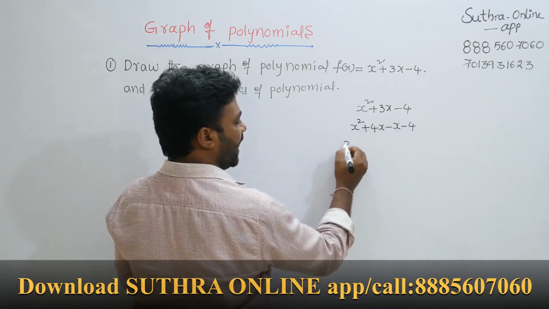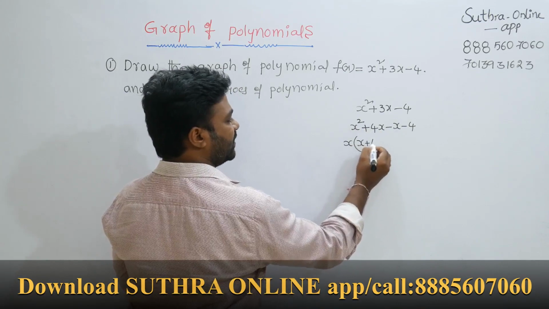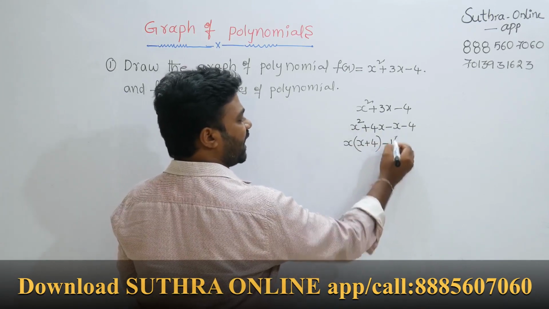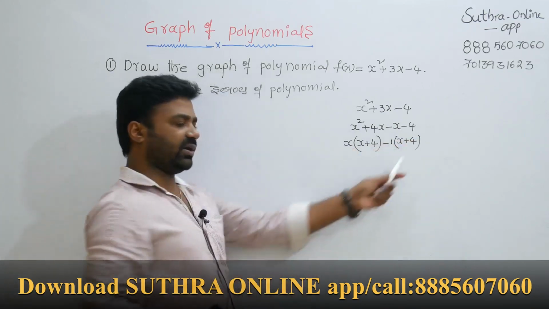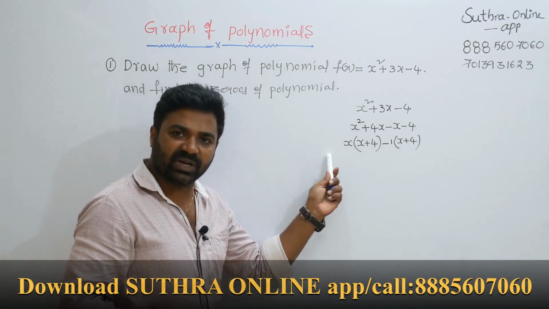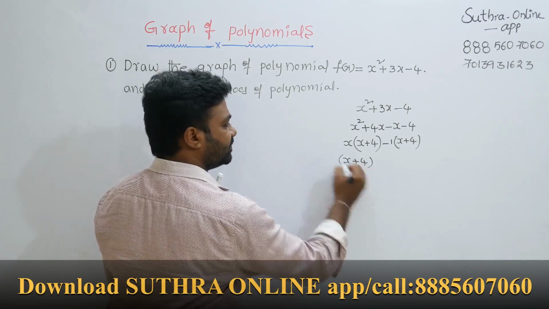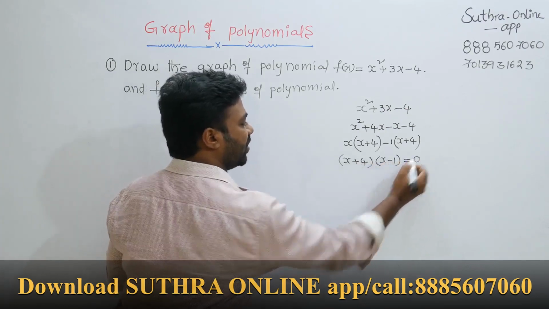Now I am taking x common here and here: x into x plus 4, and here minus 1 common, x plus 4. Here x plus 4, here also x plus 4 is there. Now I am taking x plus 4 common, so x plus 4 into x minus 1 equal to 0.